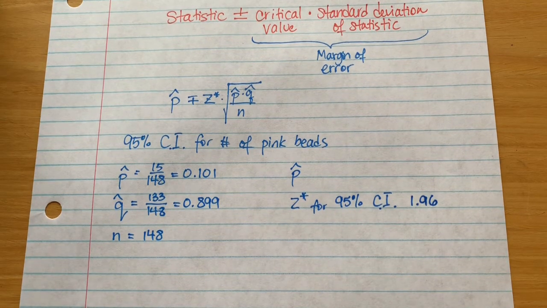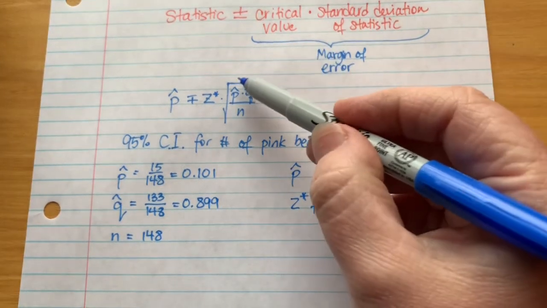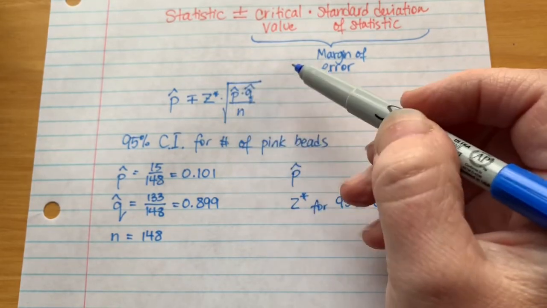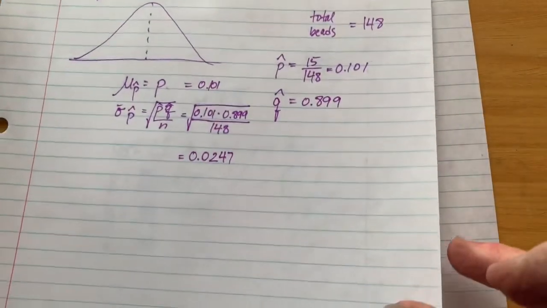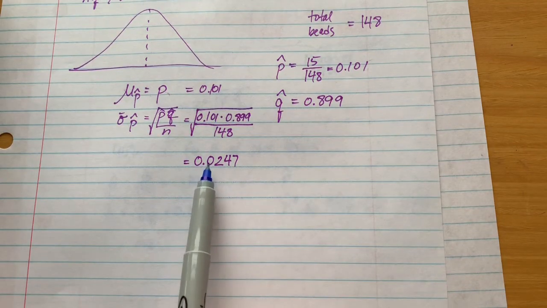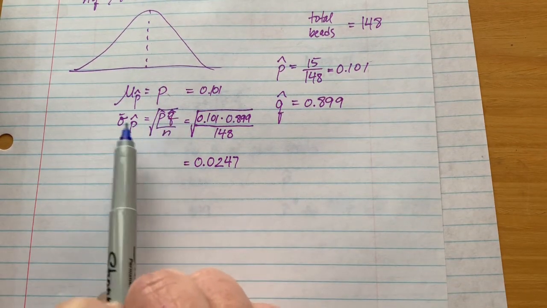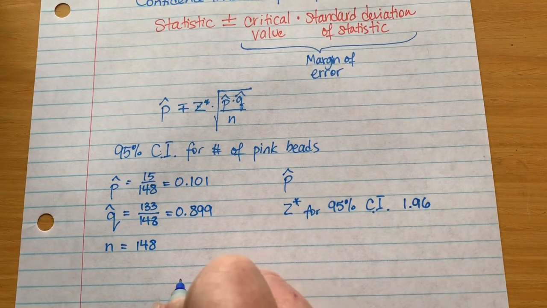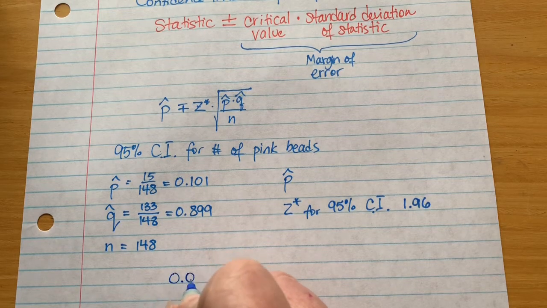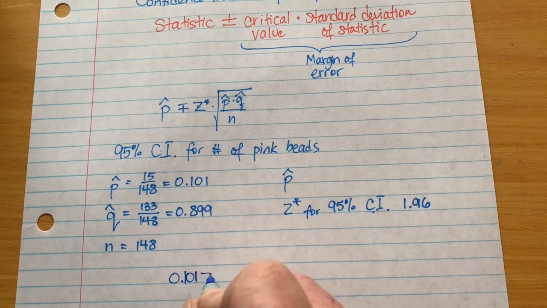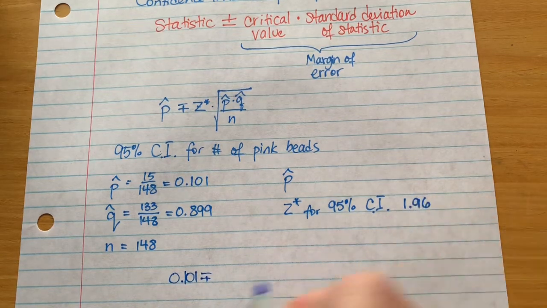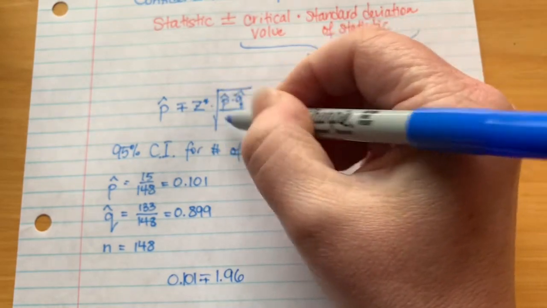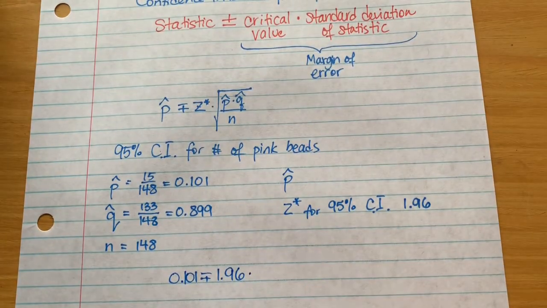If you remember from the previous video, we have calculated this entire unit over here, the square root of pq over n, and we got that this thing was 0.0247. So my p hat turned out to be 0.101 plus or minus my critical value, 1.96, times this whole business over here, the standard deviation of the statistic, 0.0247.